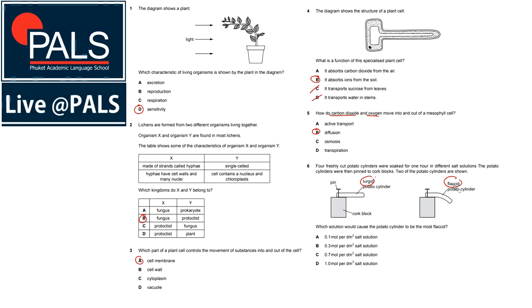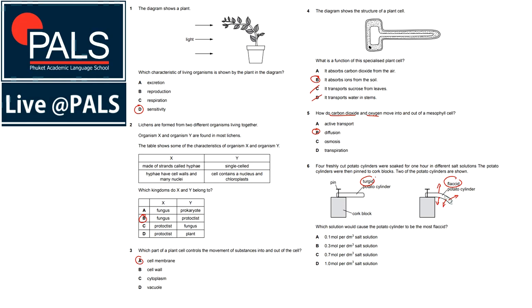Even more extreme than flaccid is plasmolysed. And yeah, this is obviously caused by osmosis. So what has happened to our potato cylinder is that water has moved out of the potato cells, and therefore it all becomes less stable and a bit floppy and it hangs down.